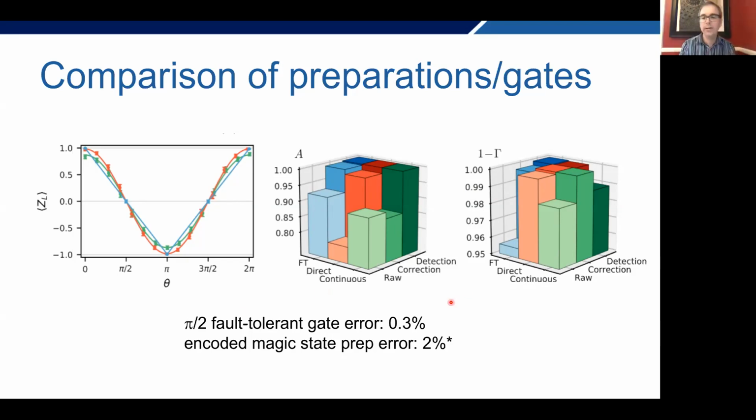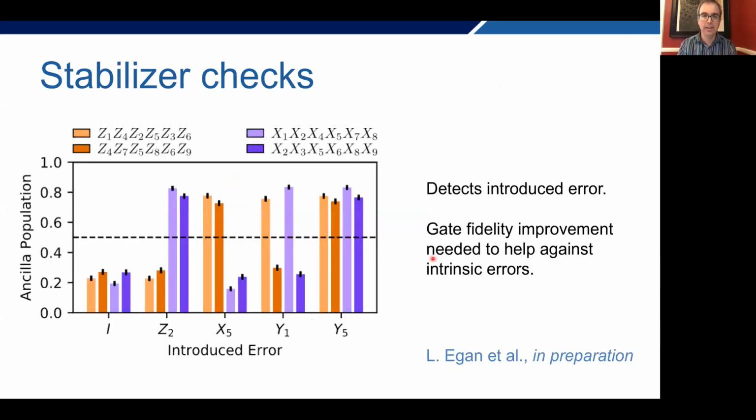So our fault-tolerant gate error is about 0.3%. And then you can estimate from going to pi over 4 that the encoded magic state prep error after correction, where it'll be limited by the amplitude here, is about 2%. And there's a star there because, again, it's about 2%.